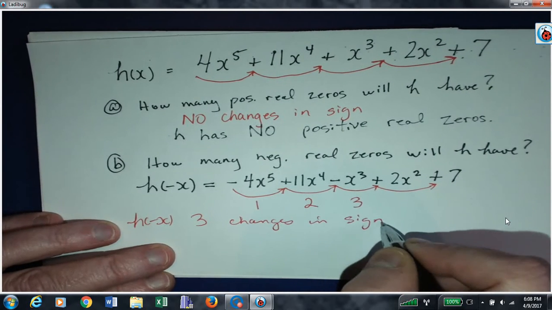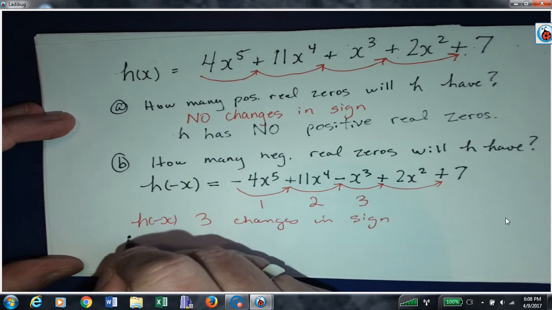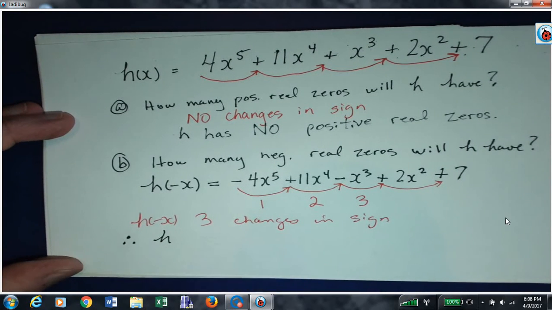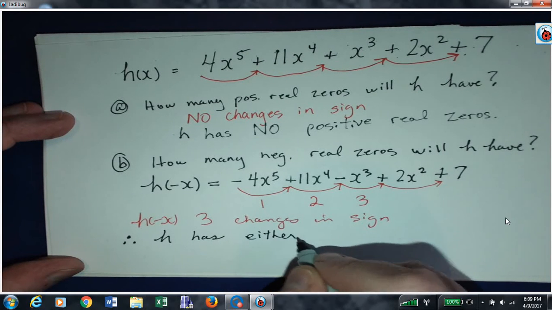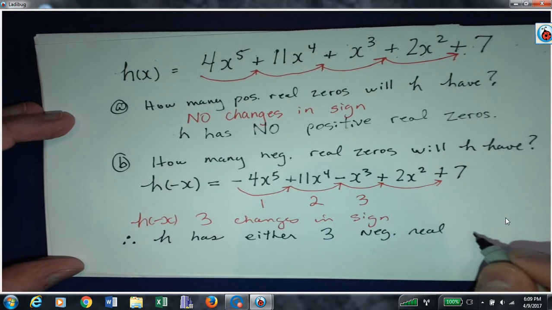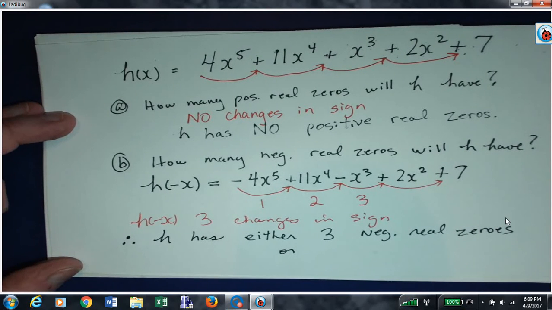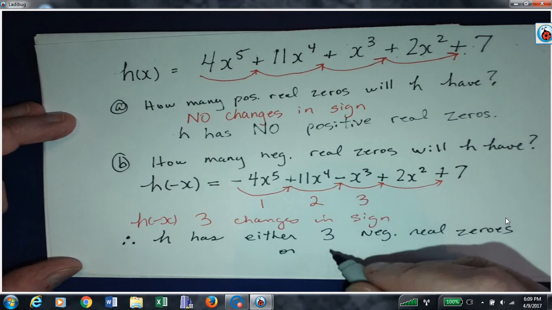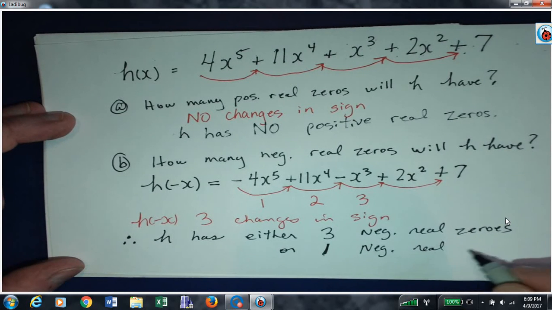So that means my original polynomial h, therefore, h has either 3 negative real zeros or 3 minus 2 is 1, or exactly 1 negative real zero.